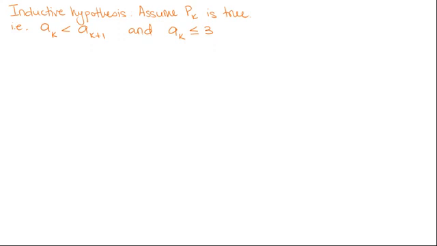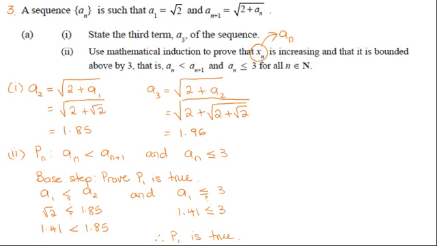And then final step, our inductive step, we're going to prove P_(k+1) is true. That is, going back to our statement, wherever there's an n, this time we're putting k plus 1. So k plus 1 here, k plus 1 there, k plus 1 there.